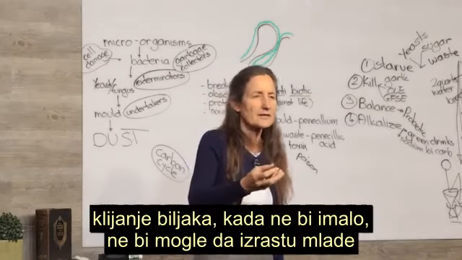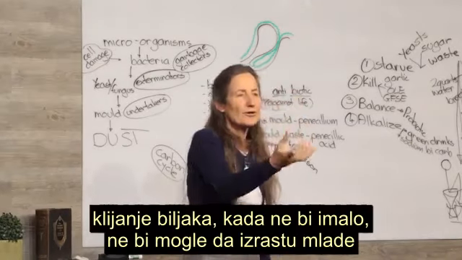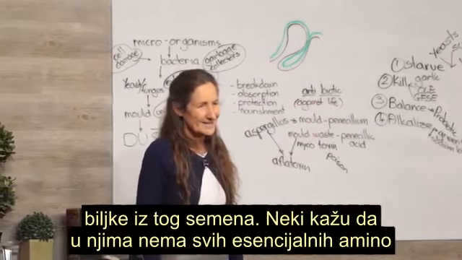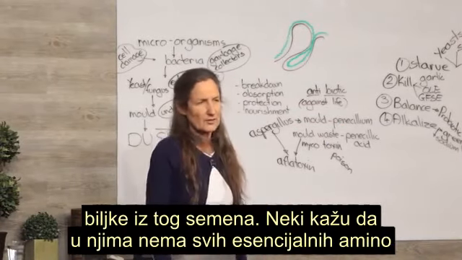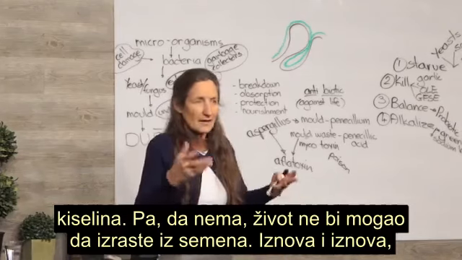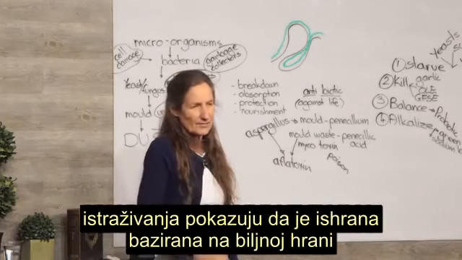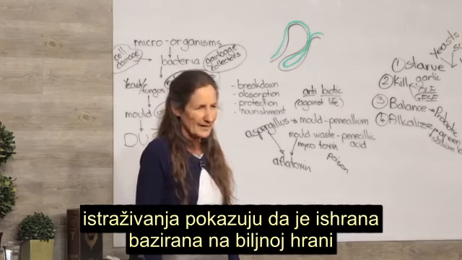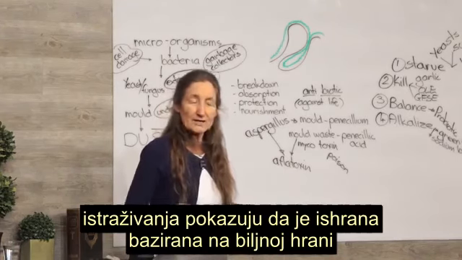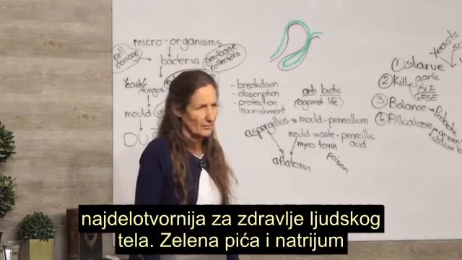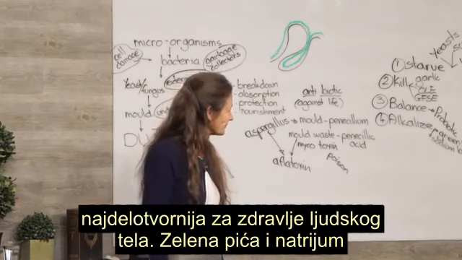If it didn't, then that little green leaf could not come out of that seed. Some say it doesn't have all the essential amino acids. Well, if it didn't, life could not come out of the seed. So again and again, the research is showing a plant-based diet is the diet that is the most conducive for health in the human body.